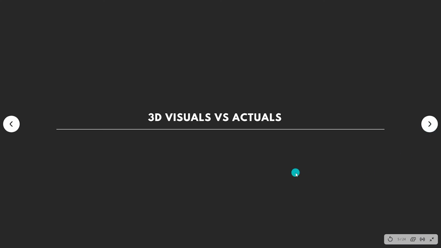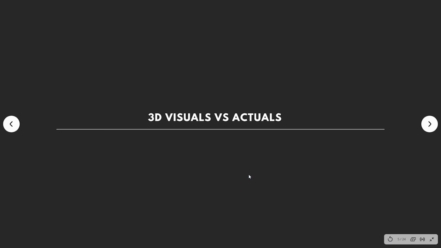Coming to 3D visuals and actual photographs. Previously, as a novice in 3D visualization, I used to make artworks, hand sketches, and physical models to present to the client. The drawback of this was, one, it was very time consuming. Two, these artworks or the physical models are not very precise.